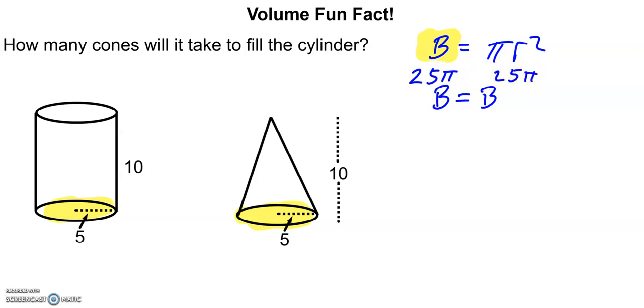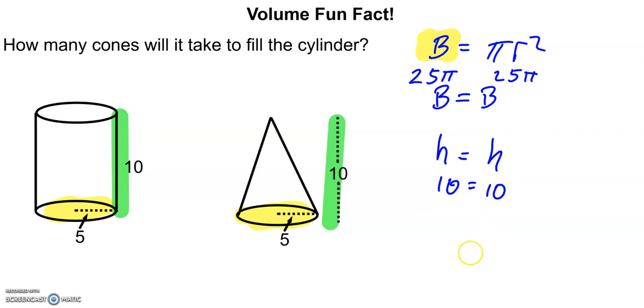And if their heights are the same, a height of 10 and a height of 10, then the heights are equal to each other because 10 equals 10. So when we figure out their volumes, the volume of the cylinder is area of the base times the height. The volume of the cone is 1/3 times the area of the base times the height of the cone.